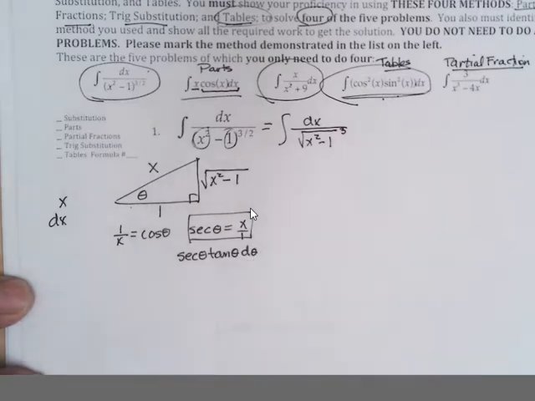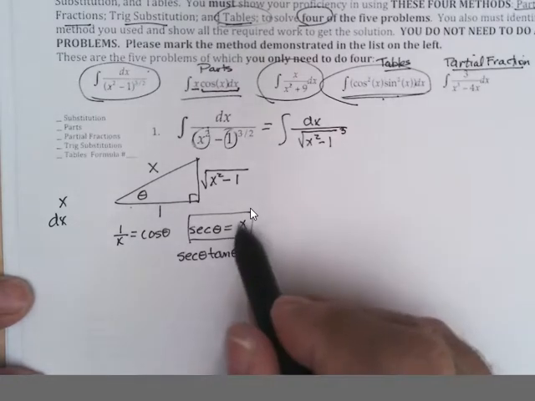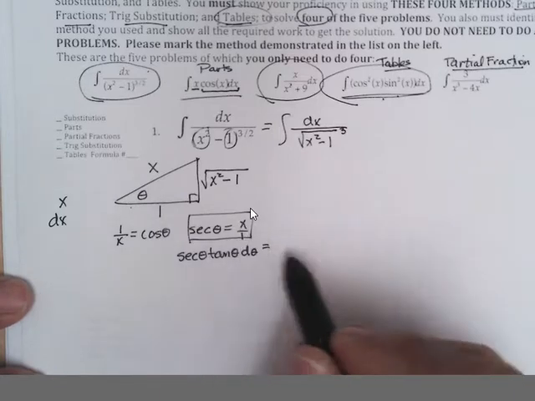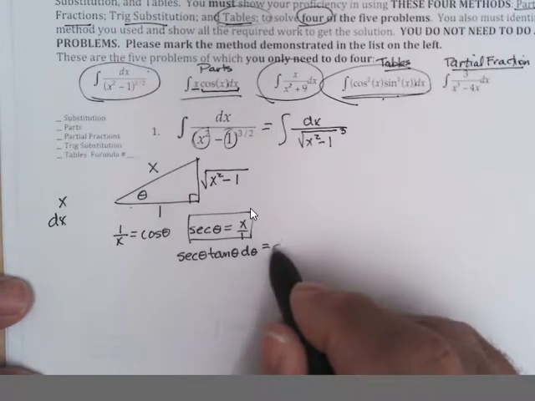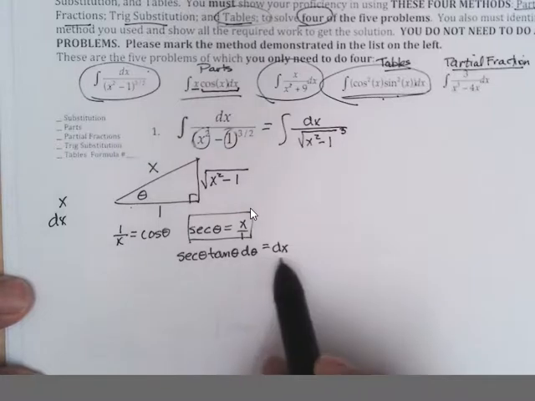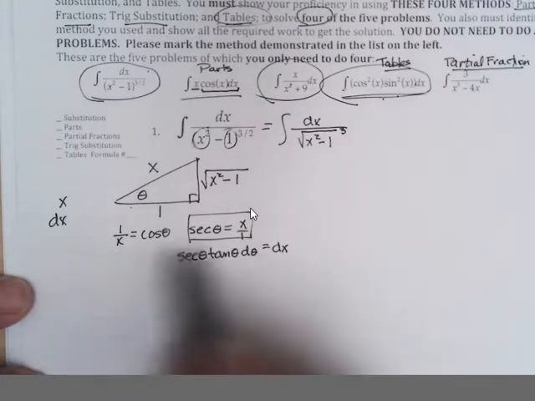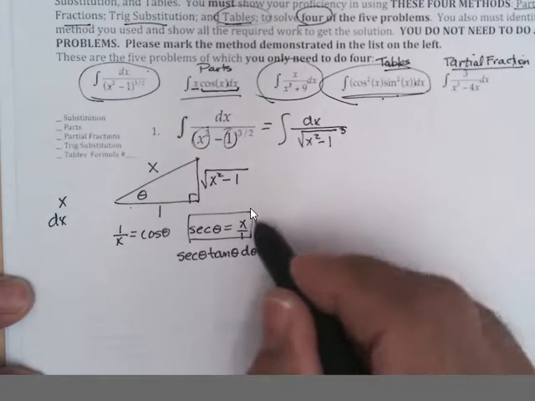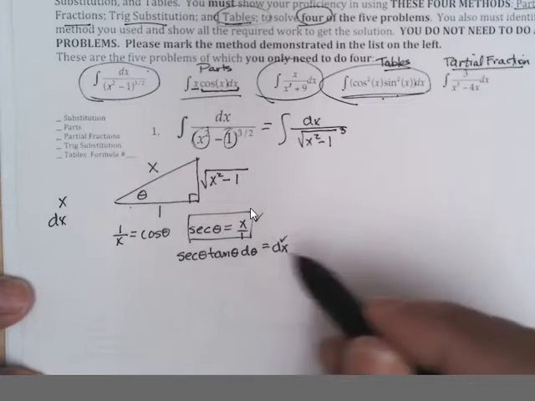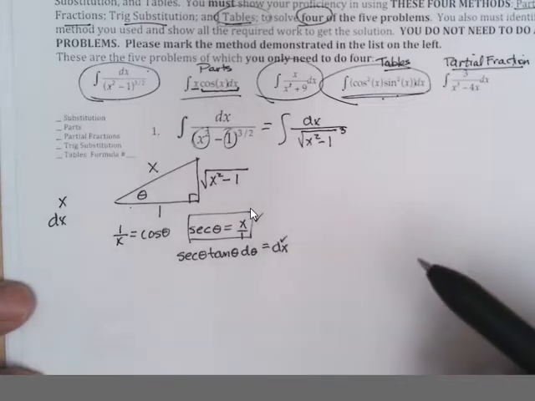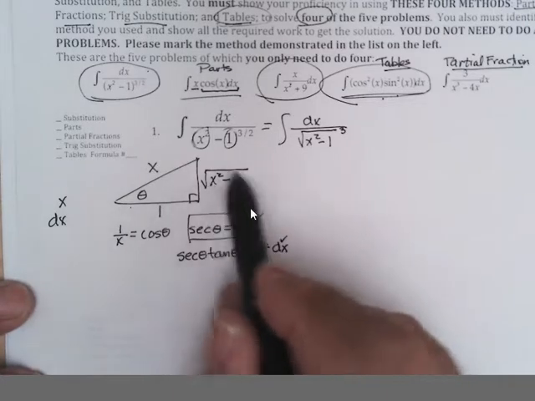If you leave it out, you're going to get confused, and the x becomes, this is 1x, or x over 1. The derivative is 1 dx. So we have something we can replace x with, something we can replace a dx with, and then we need something to replace the square root with.